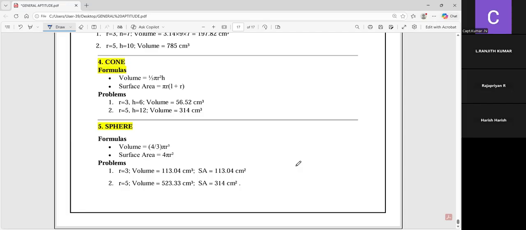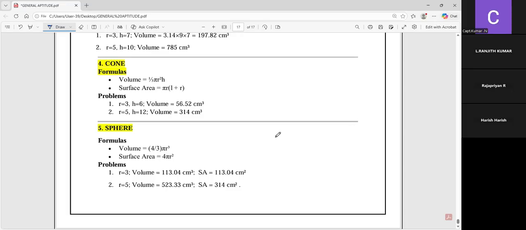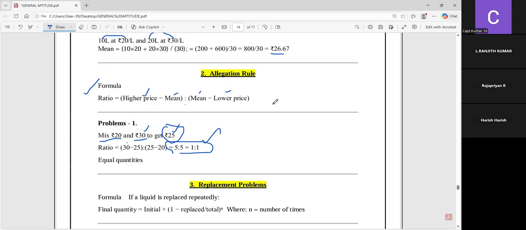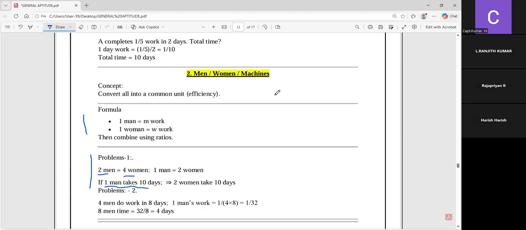Example problem: the radius is 3, volume is equal to 4 by 3 into pi value 3.14, r value 3 into 3 into 3. And surface area 4 into pi value 3.14, radius is 3 into 3. So these are important. This is the syllabus and important for your exam.